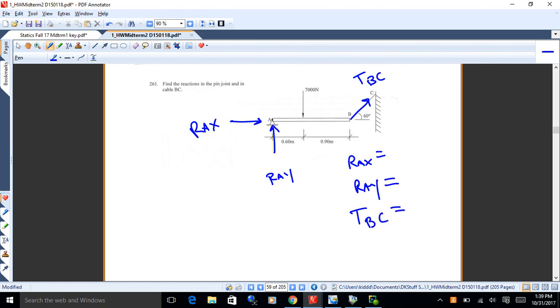What I've got is 16, 17, 4200, and 3233. And they're all newtons.